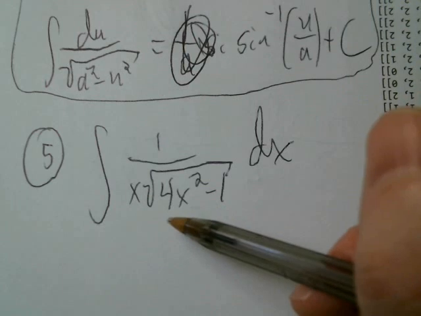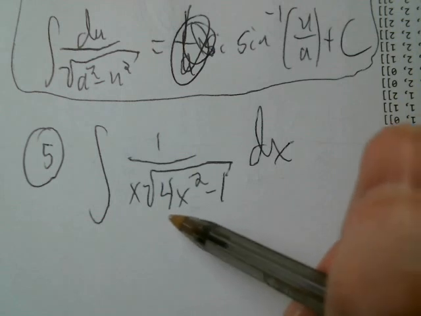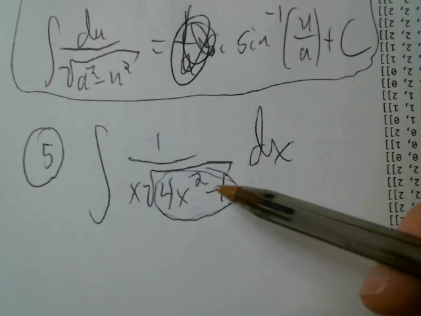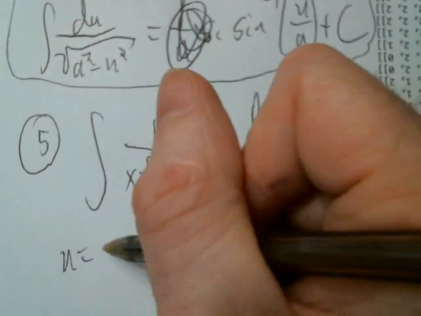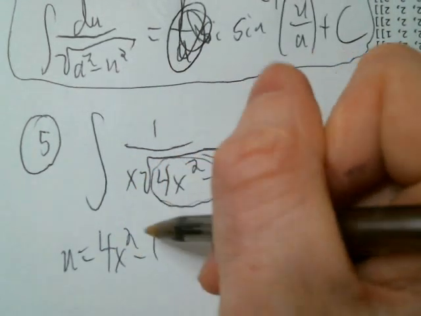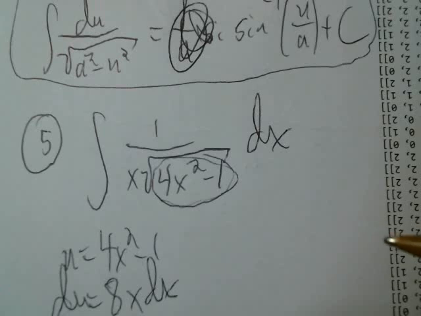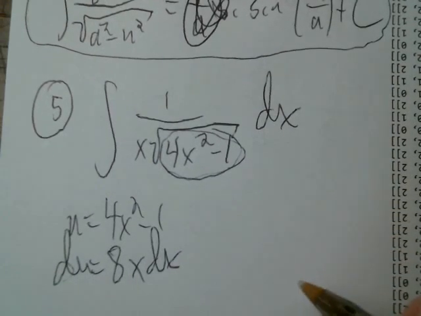Let u equal this, and it's not even an inverse trig integral. Right, so u is, let me make sure, 4x squared minus 1, du is 8x dx. No, it is. It must be one of those secant inverses or something.